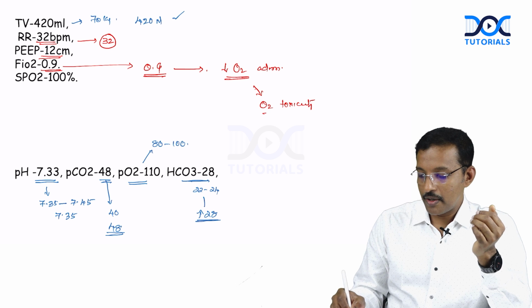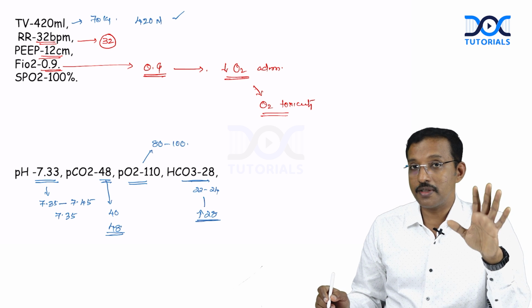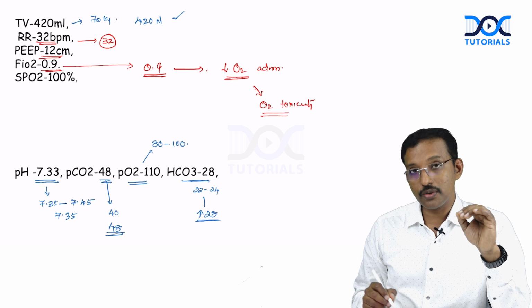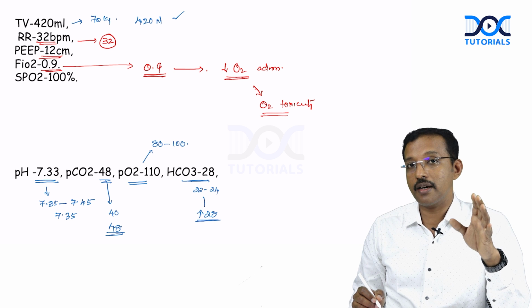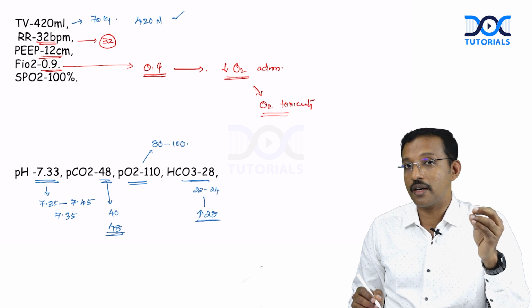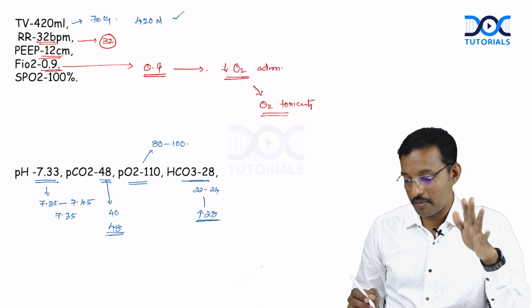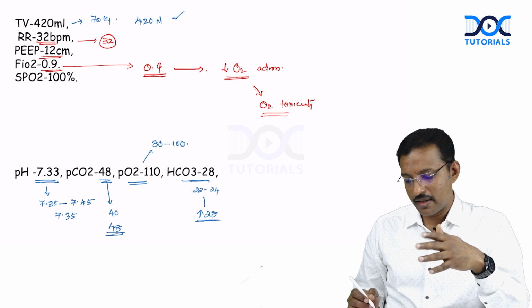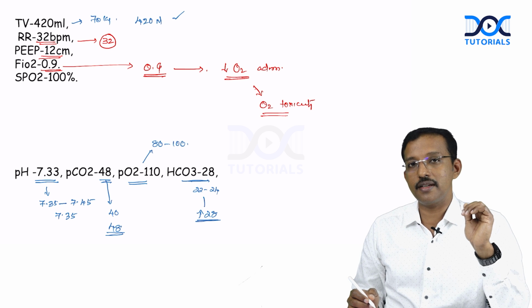Don't worry about the carbon dioxide because of the concept of permissive hypercapnia. Don't worry about the acidosis either, because you give extrinsic bicarbonate only when the pH is less than 7.3. Below 7.3 only you give bicarbonate. 7.33 is okay, it will compensate itself.